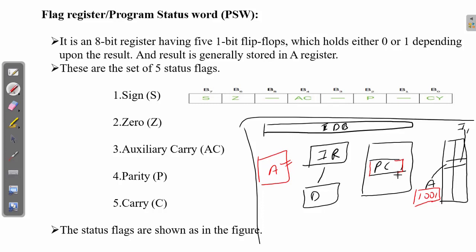But I can say that 1001 is the address of the next instruction, because once the address is loaded, only then will the instruction flow through the data bus and come to the instruction register, and only then will it be processed. Before getting processed, first the address has to be loaded, and once the address is loaded, it is pointing to the next instruction which is going to be executed. I hope I am correct now.